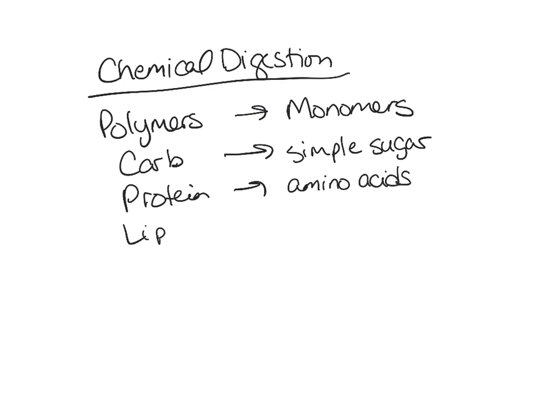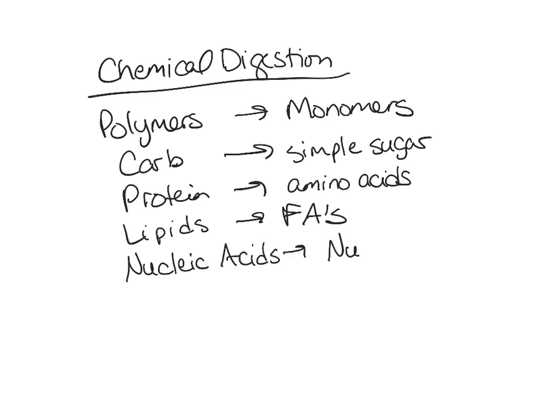And lipids are going to be broken down into their monomers, which are fatty acids. We also have nucleic acids, but they're not a big part of the nutrient base that we have. But nucleic acids get broken down into nucleotides.